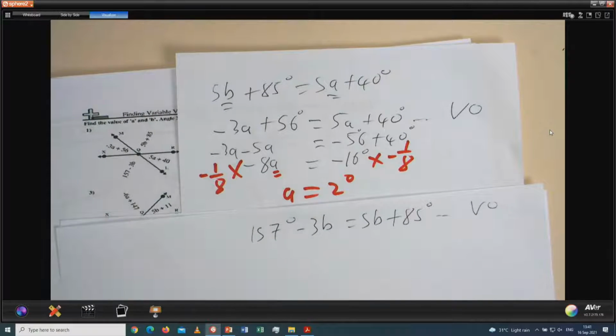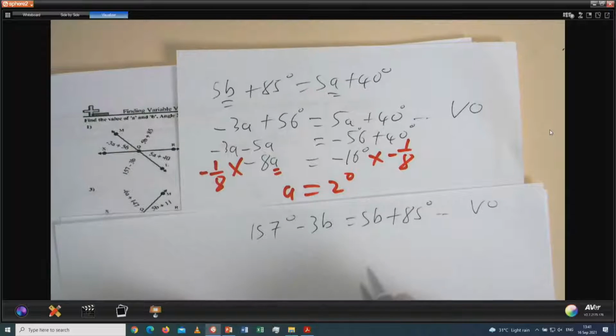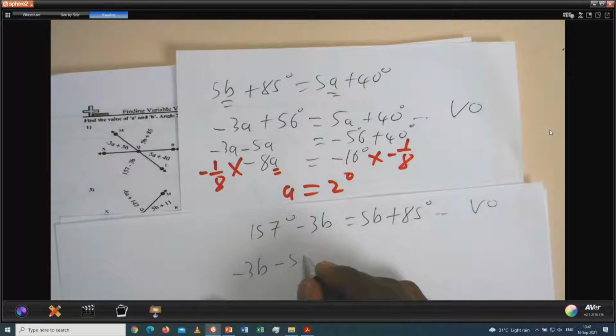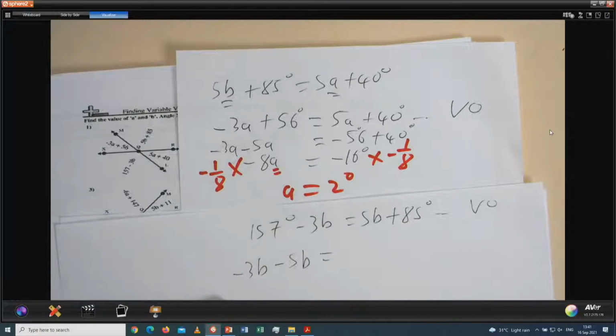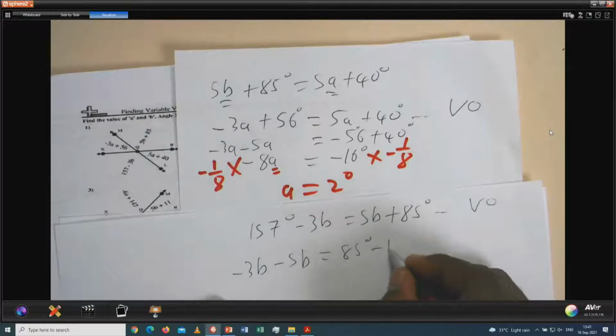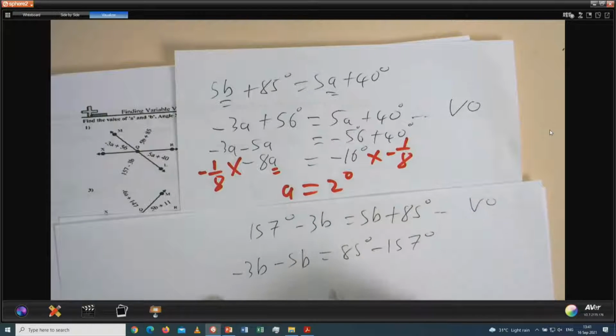Your variables, keep them on the left, your constants on the right. Again, you remember what you do? When the position is changed, the sign changes. This is positive. When it comes to the left, it becomes negative. This one is positive. When it changes to the right, the sign changes.